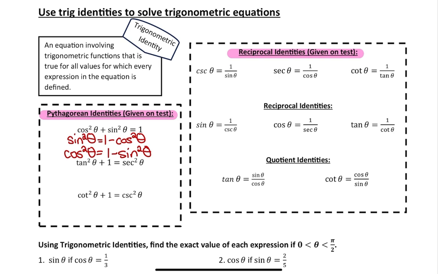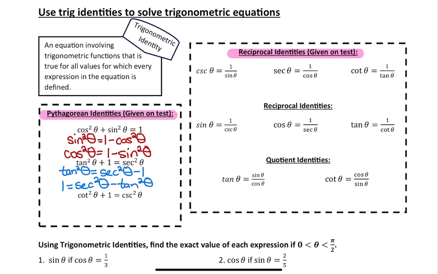In the second identity, we have tangent squared theta plus 1 is equal to secant squared theta. So if I were to subtract 1 from both sides, I would have tangent squared theta is equal to secant squared theta minus 1. Or if I were to subtract tangent squared from both sides, 1 would equal secant squared theta minus tangent squared theta.